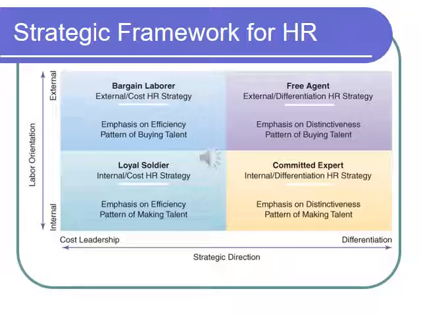The first dimension is the strategic direction. And you know now, from a competition point of view, that you either follow cost leadership or differentiation competitive strategies. The other dimension is about labor orientation. Does your organization have internal labor orientation or external labor orientation?